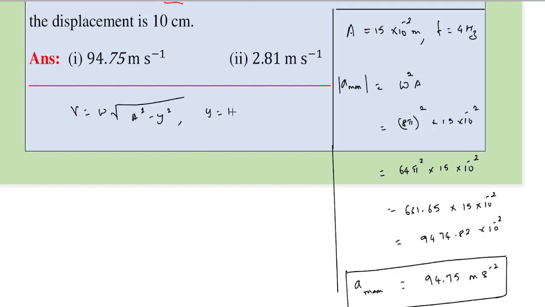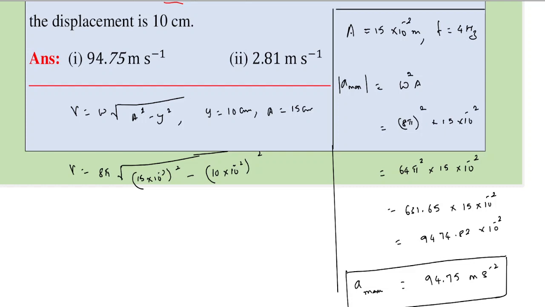Here y is 10 centimeter and a is already known as 15 centimeter. Put back here, v is equal to omega, which was 2 pi f, which was 8 pi, under root of 15 into 10 power minus 2 the whole square minus 10 into 10 power minus 2 the whole square.